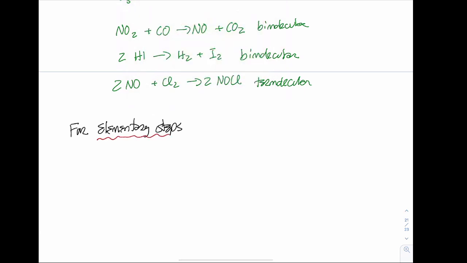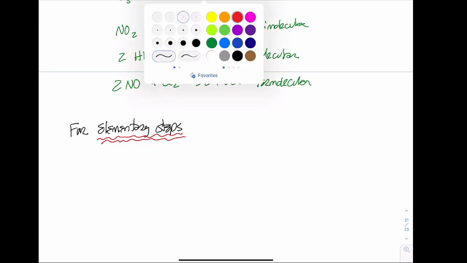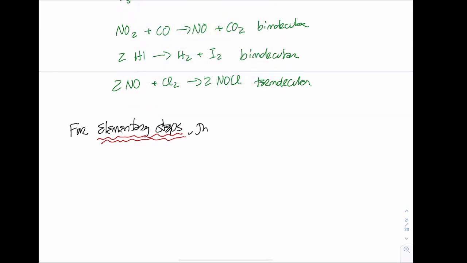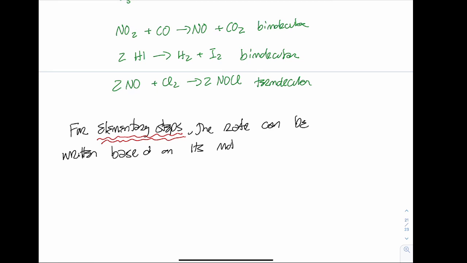So I'm going to underline this in red because we cannot do this for our overall reaction. The rate law can be written based on its molecularity. Meaning I can just look at my balanced equation for each elementary step and write the rate law from that.